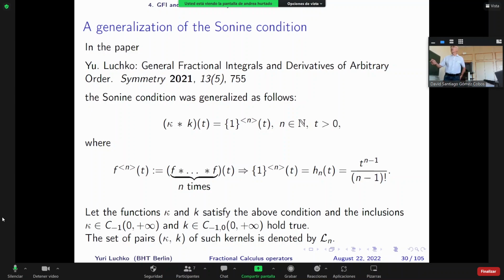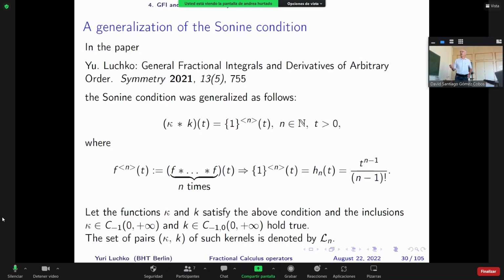It's of course not the power function, but this n-fold convolution. And the n-fold convolution of 1, it's very easy to calculate, is just the function h_n, this power function, t to the power n minus 1 divided by n minus 1 factorial. It's our basic power function.